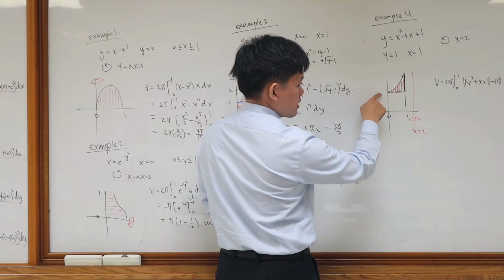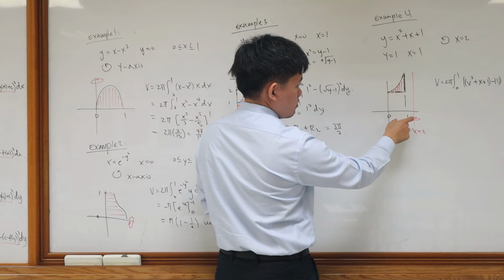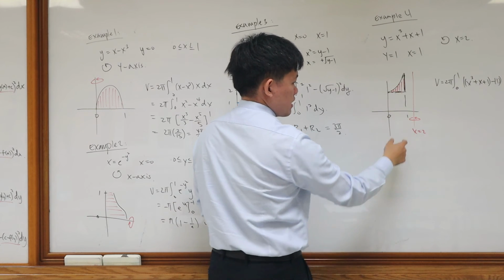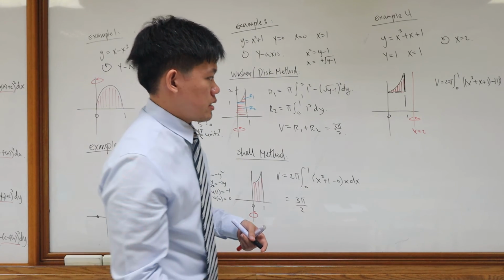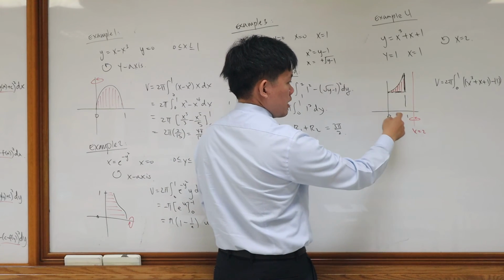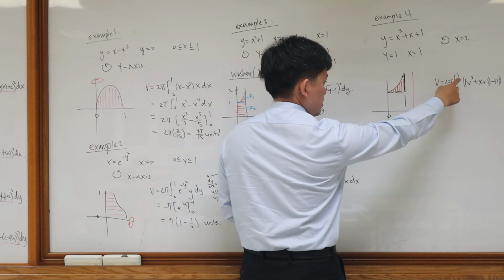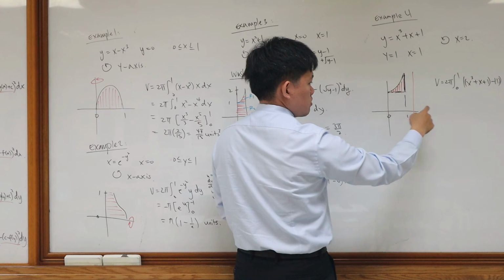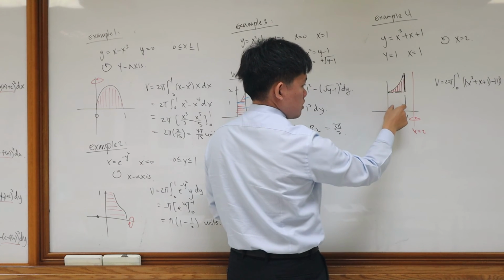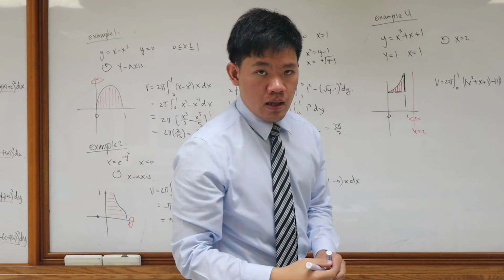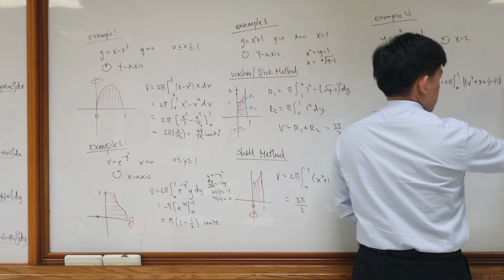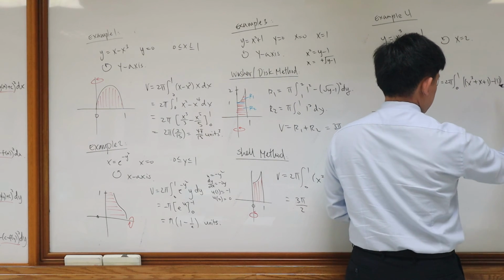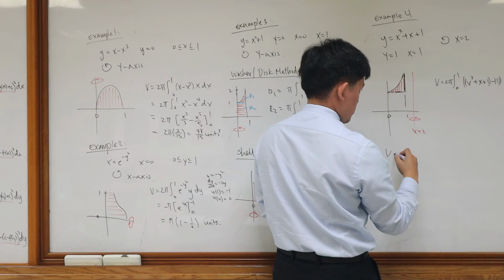So x in this case is going to be from 0 all the way to 1. So the maximum width is going to be 1. So it's going to be 2 minus x. 2 minus 1 is 1, which is right here. 2 minus 0 is 2. So in that case, you're only looking at this distance. So my radius for this one would be, I think I'm running out of space, so let me write it here.